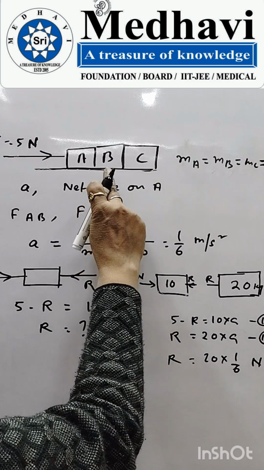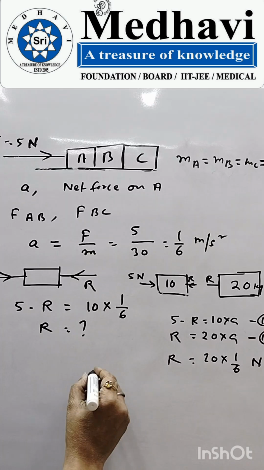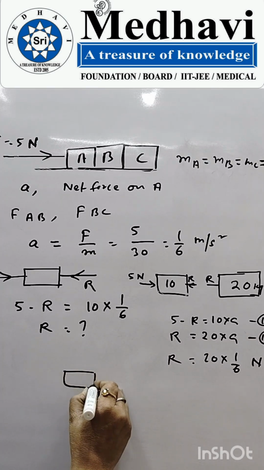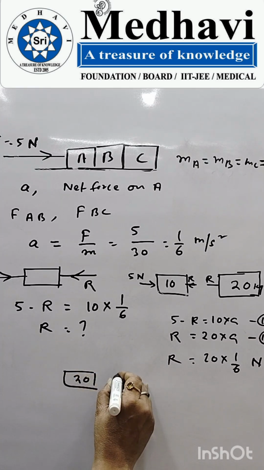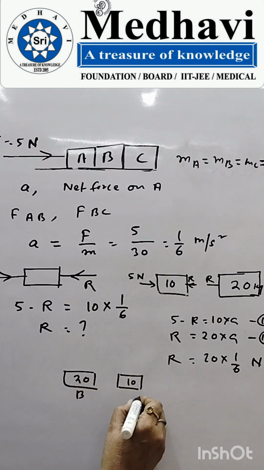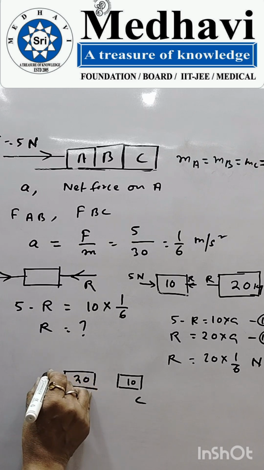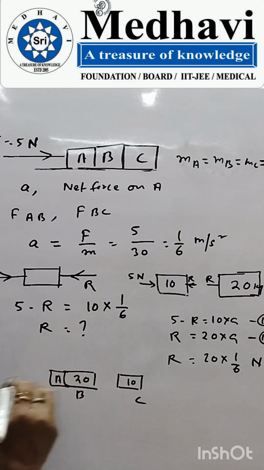In order to find the force of contact between B and C, you have to join A and B. This is a very, very important point. So this will be 20, this will be 10. This is B and this is C. So you have to take the masses of A and B together, that is 20.